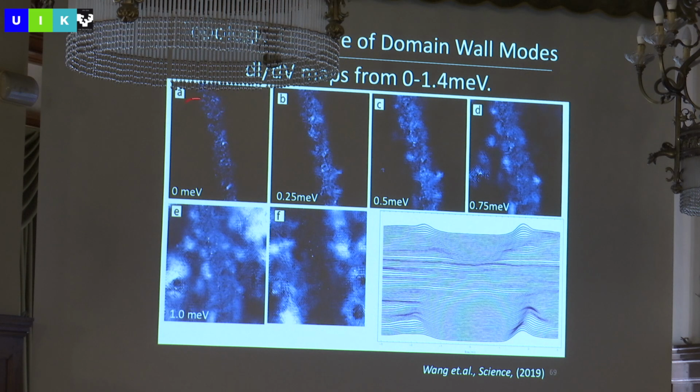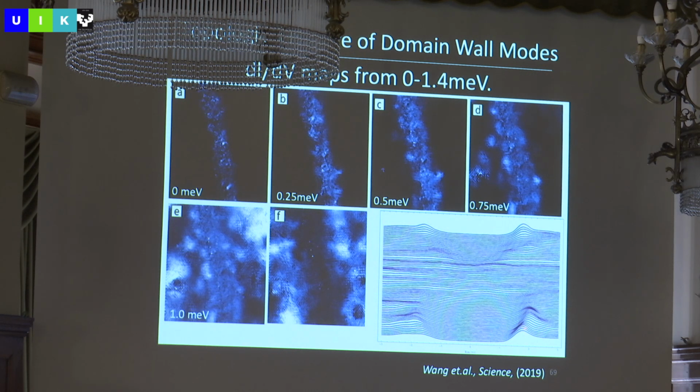The other thing is that you can do an energy dependence, and this is a spatial map, a dI/dV map of the same states. So you can see at zero bias, they're pretty well confined. As you increase your energy, the spatial extent of the state increases. Right, at 0.75, which is somewhere here.